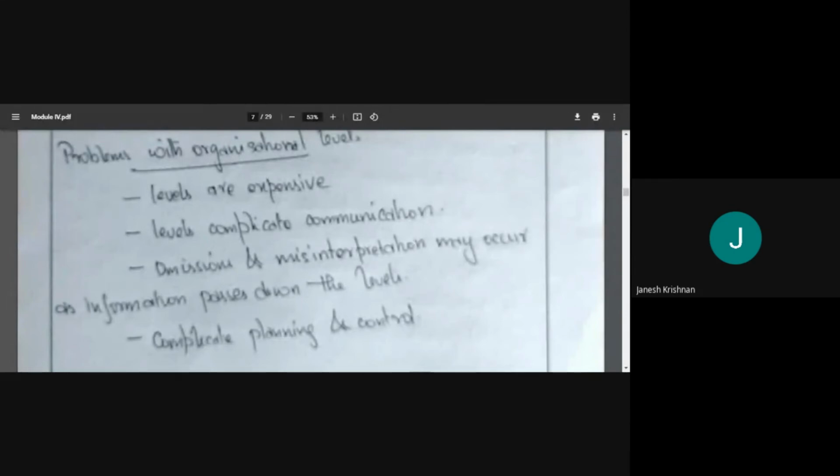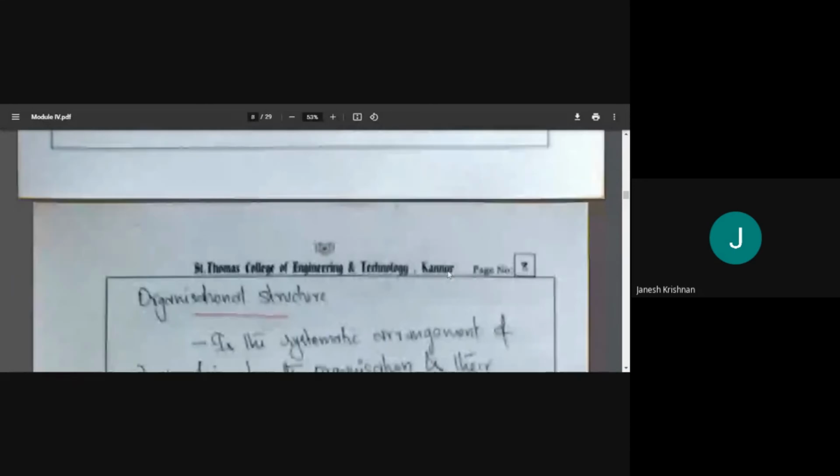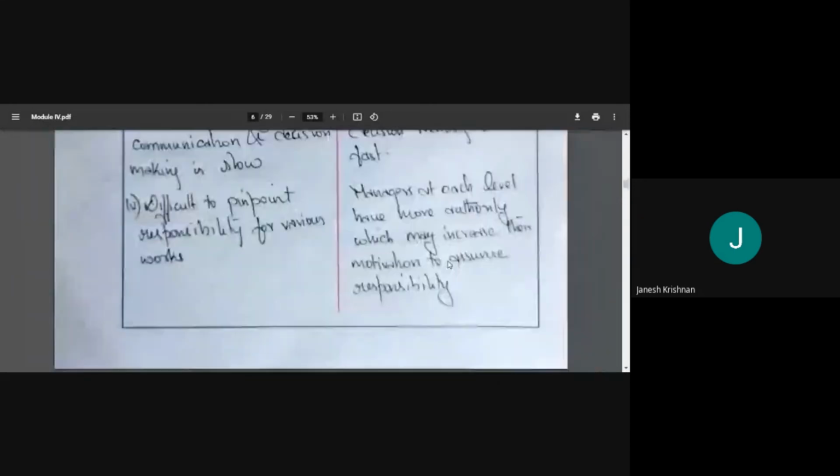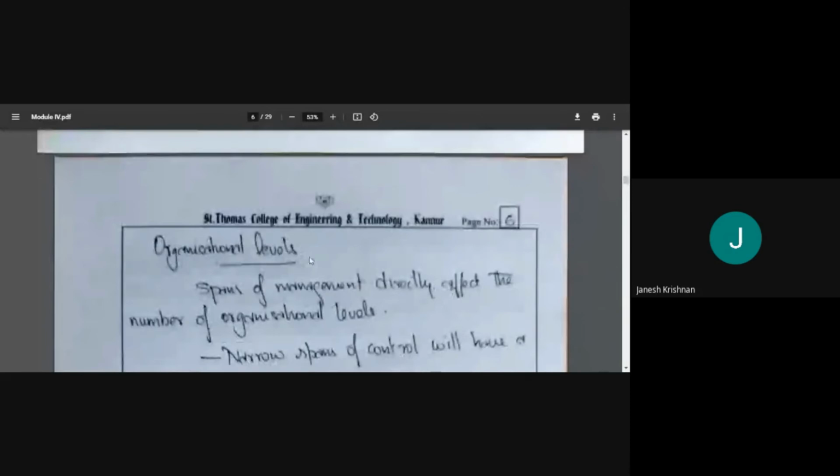And how does it occur? Because the information is passed from one layer to another layer. Different persons are involved, so that may complicate it. It complicates planning and control.